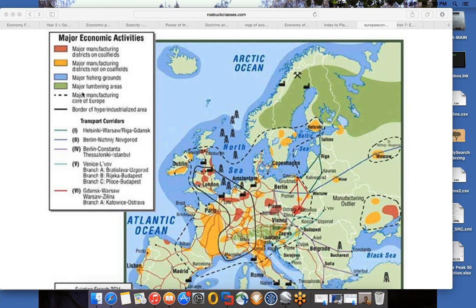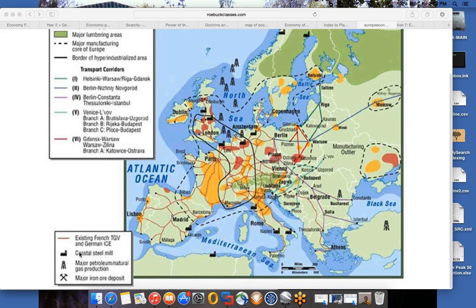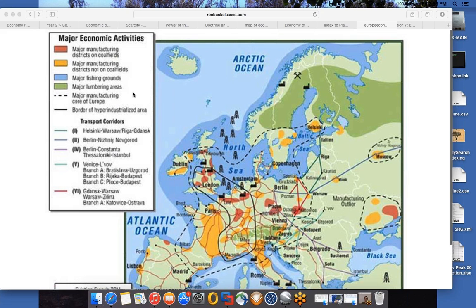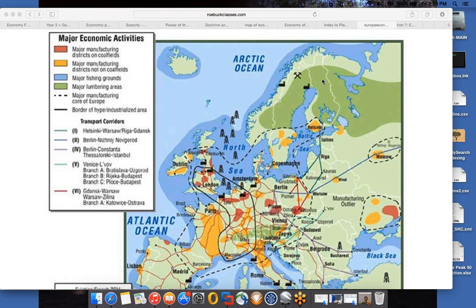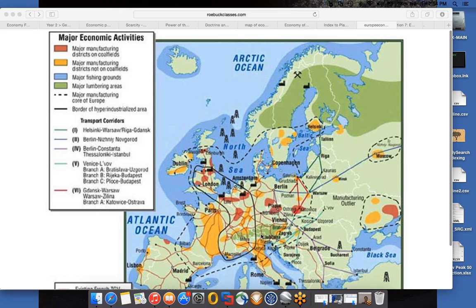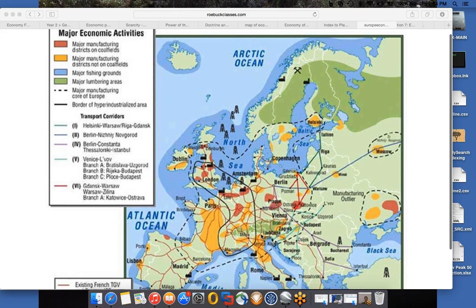Here you have the key to the map, and it shows some of the productions, the different types of things being produced in the regions. You have major lumbering areas, in green: Finland, Sweden, Russia, the Alps, the areas in Europe that produce a lot of lumber. Then major manufacturing districts, not on coal fields.